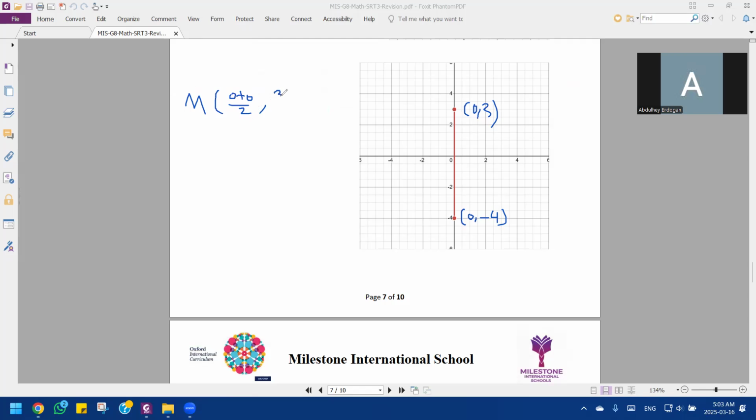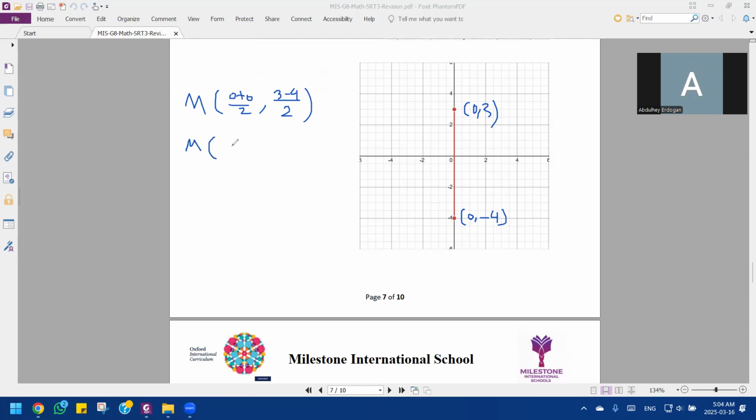And the y value 3, we have plus -4, so it's -4 over 2. Because normally it's ya plus yb, but here yb is minus, so it's 3 minus 4.